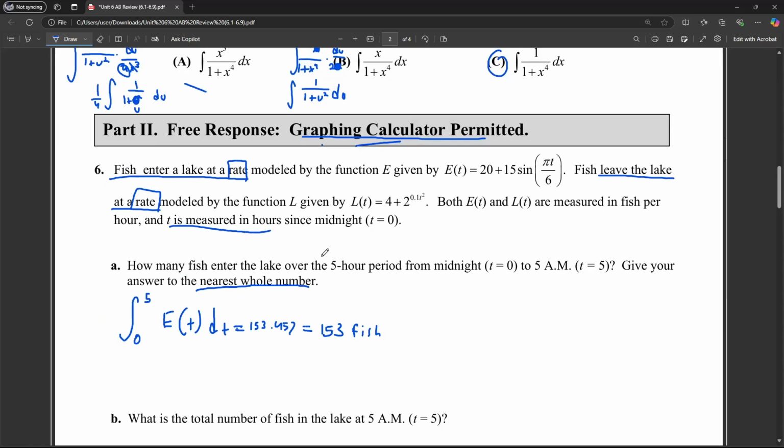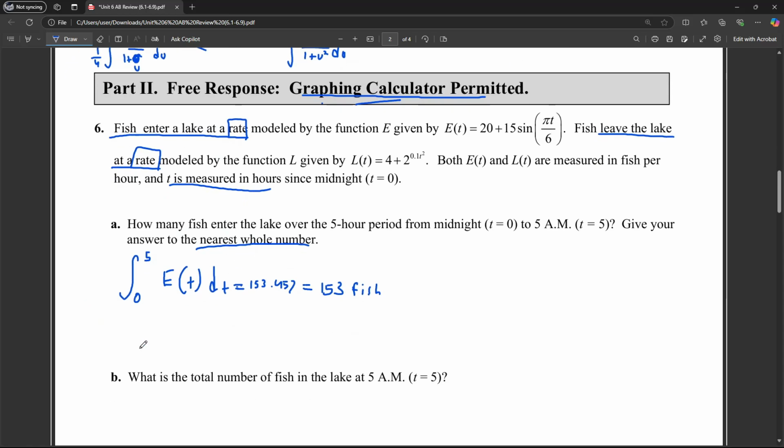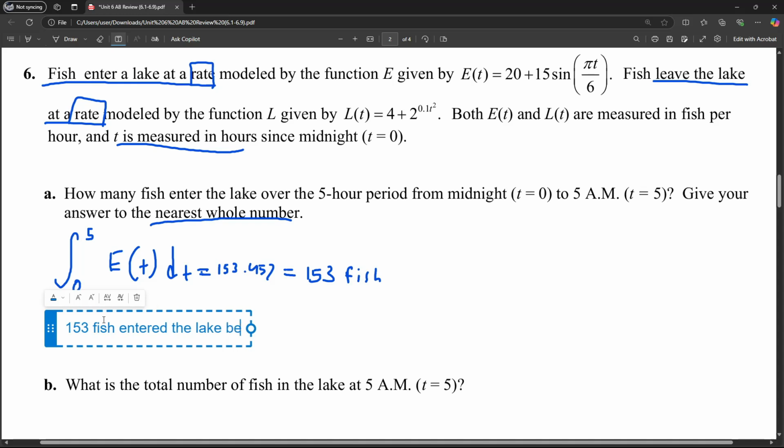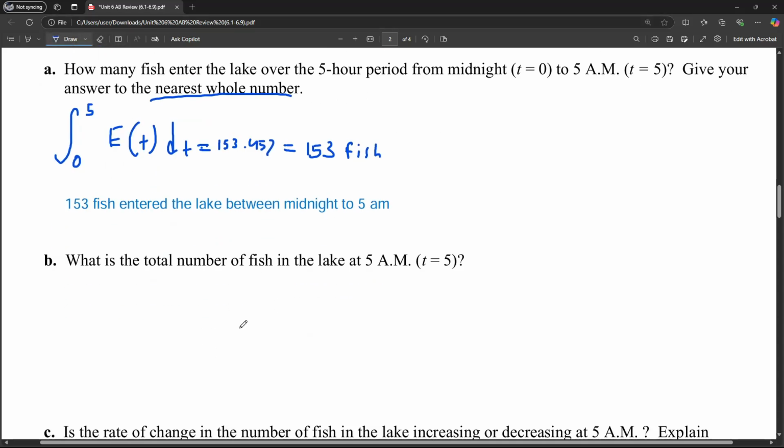And then like a full sentence would be like, 153 fish entered the lake between midnight to 5 a.m., something like that. Alright, so now go to part B.